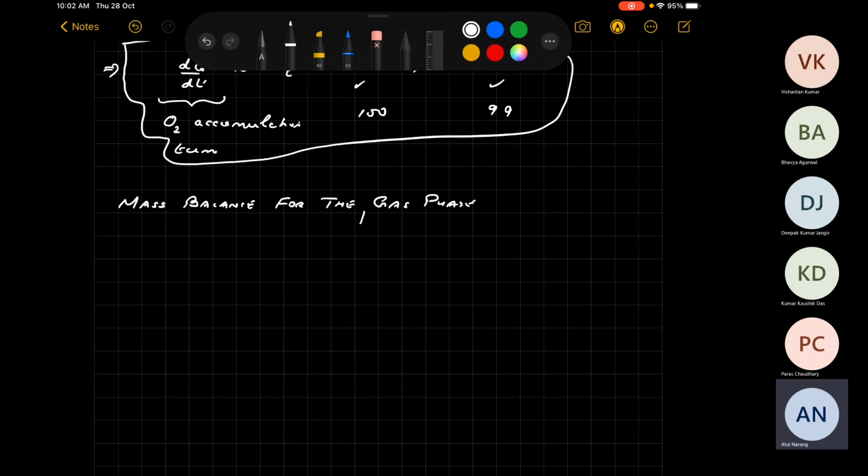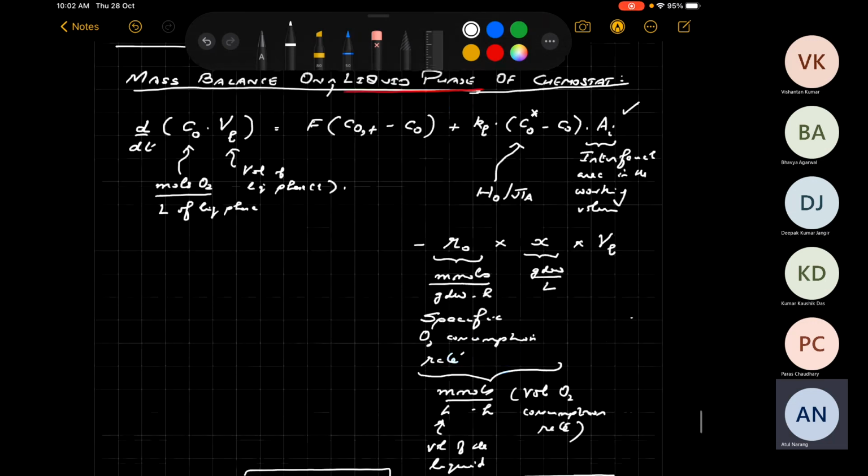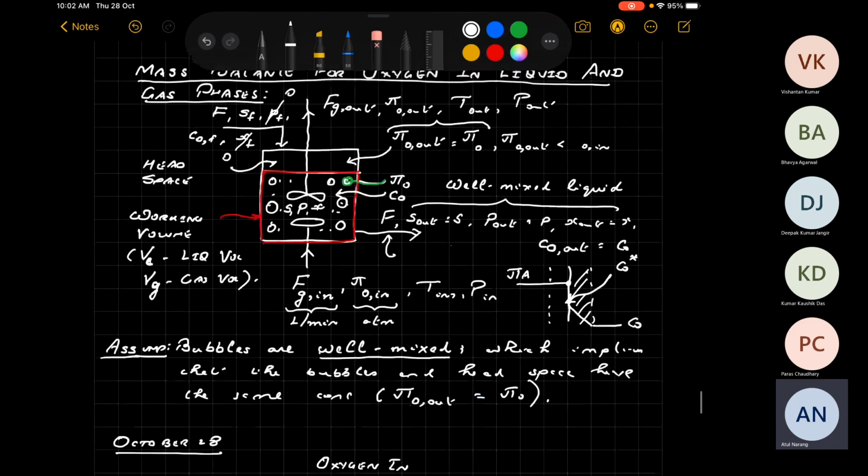So again, for the oxygen in the gas phase. Now we're talking about the same working volume, demarcated in red. But now we're talking about the oxygen that is coming into this gas phase and leaving this gas phase.